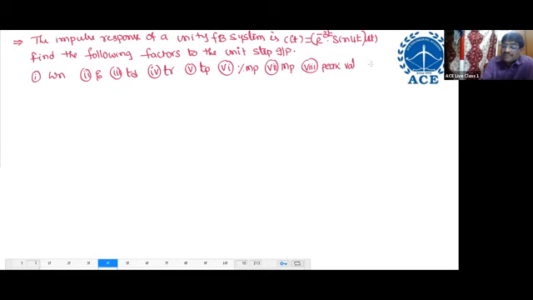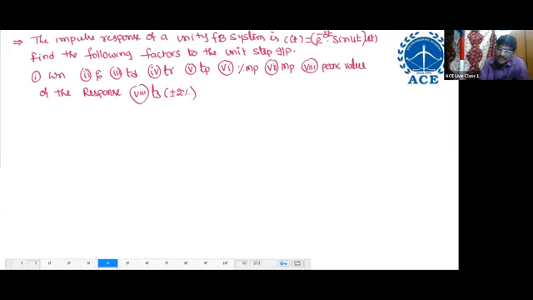Next, settling time TS for plus or minus 2%. Come on, do it.